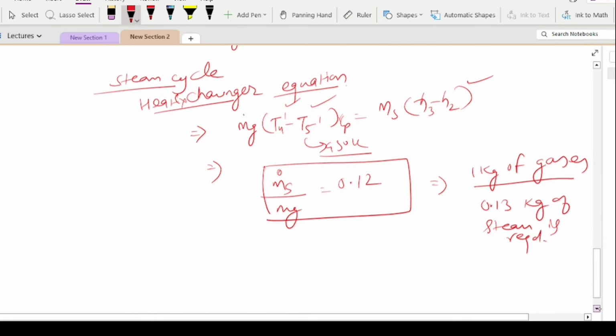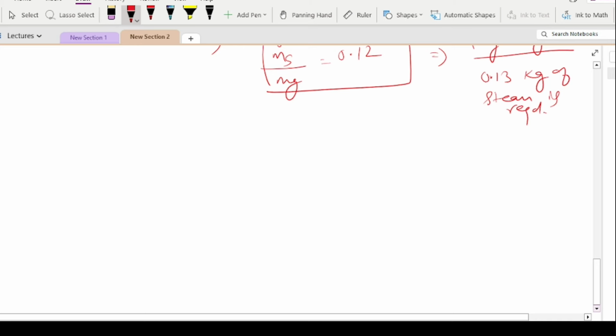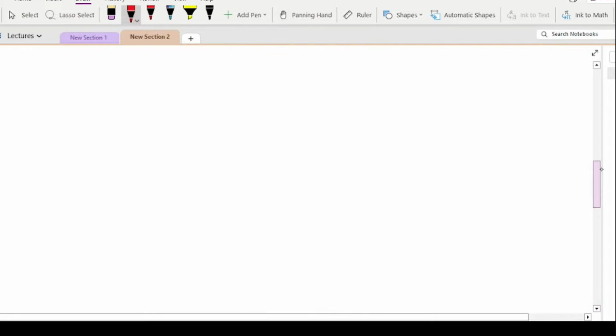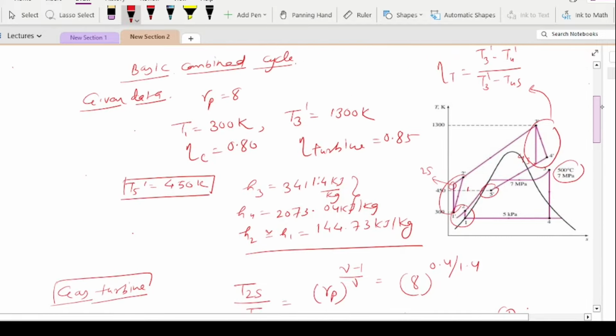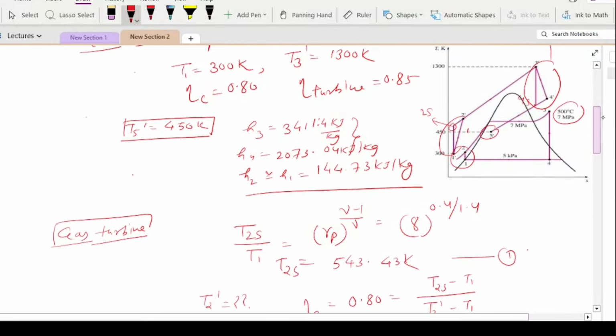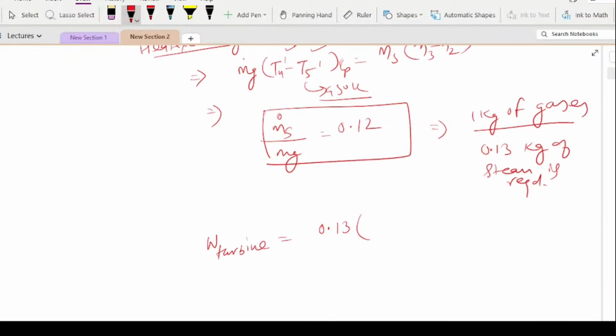Now, coming to the steam turbine work done. The turbine work done is given for 1 kg of gas here. We have mass of steam 0.13 kg, and it is coming around mass of steam into h3 minus h4.